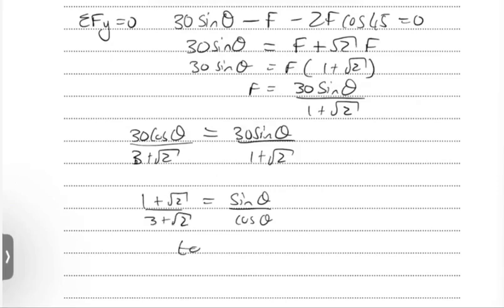So my tan theta is equal to 1 plus root 2 over 3 plus root 2, which is basically 0.5469. And then if I get the inverse of tan theta, my answer is 28.7 degrees.